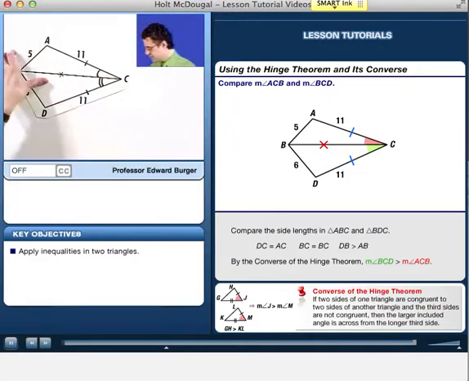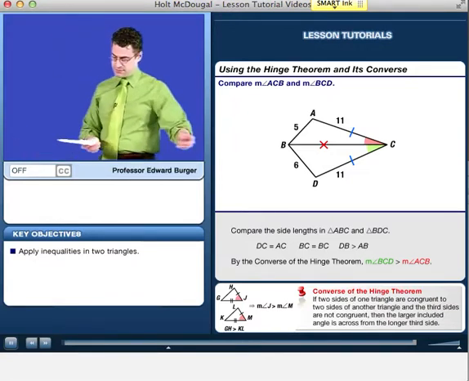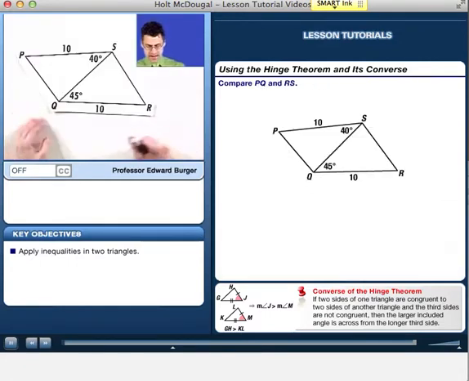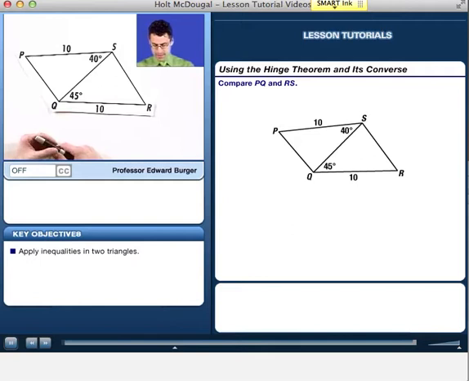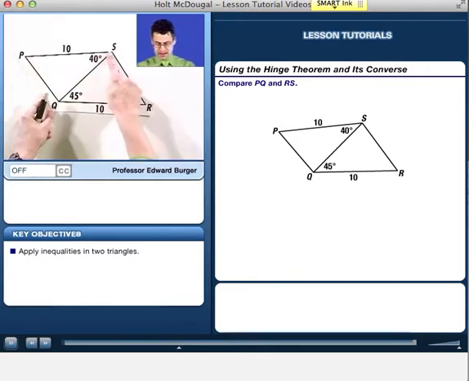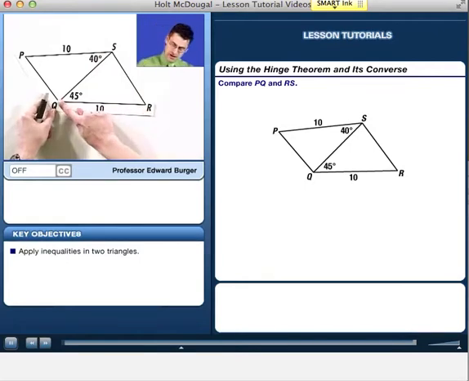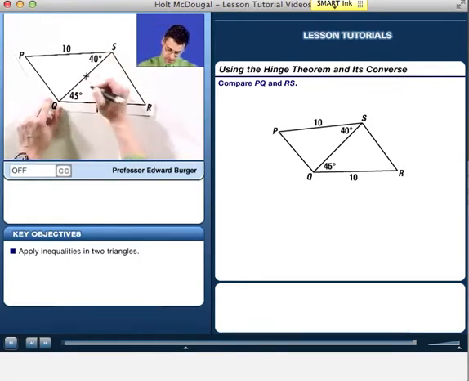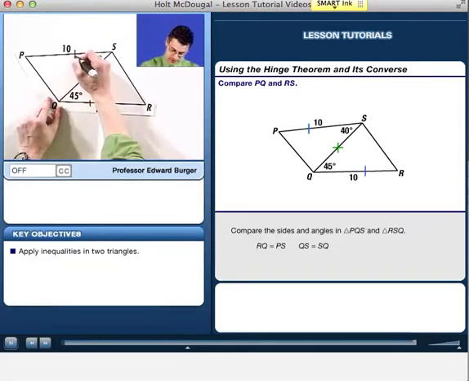Let's try another one together so you can see this happening in real life. So here again we see two triangles. I notice that this has a side length of 10 and this has a side length of 10. They also share the side SQ. And so these sides are congruent.